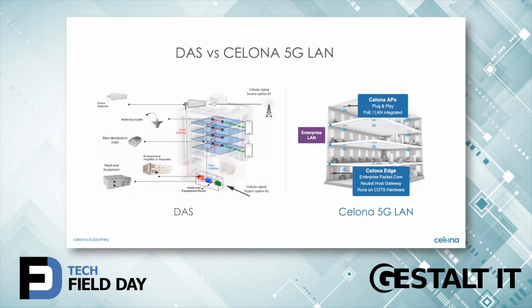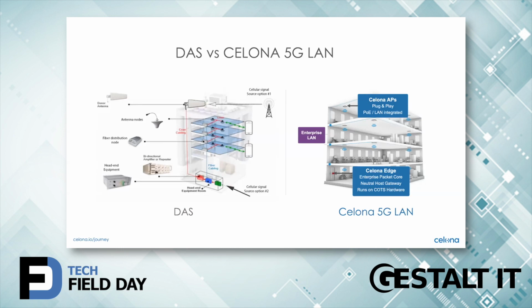So the 5G LAN APs can broadcast the network IDs belonging to different operators and securely tunnel that traffic to each operator's core so that the mobile network subscribers belonging to these operators can get service from the 5G LAN network.